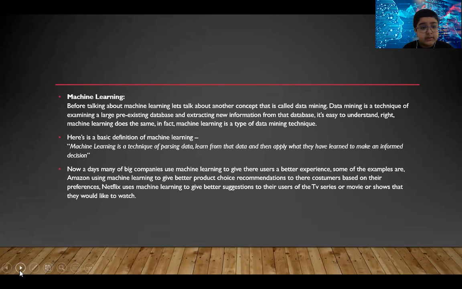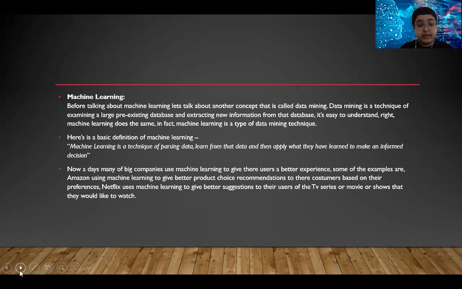Here's a base definition of machine learning. Machine learning is a technique of parsing data, learning from the data, then applying what it has learned to make an informed decision. Nowadays, many big companies use machine learning to give their users a better experience.